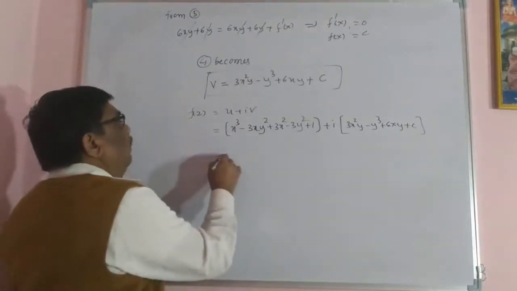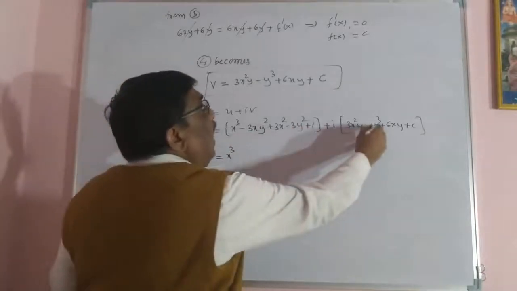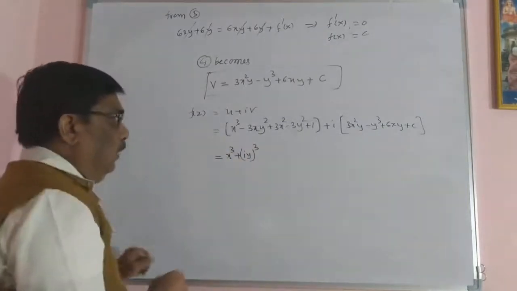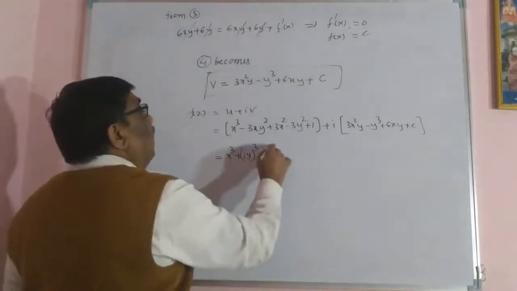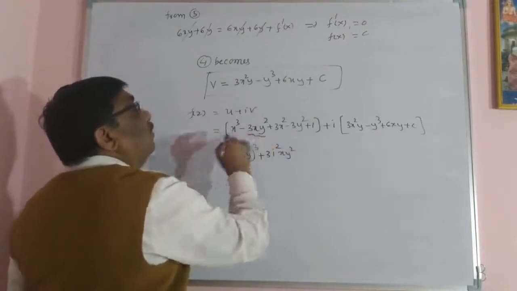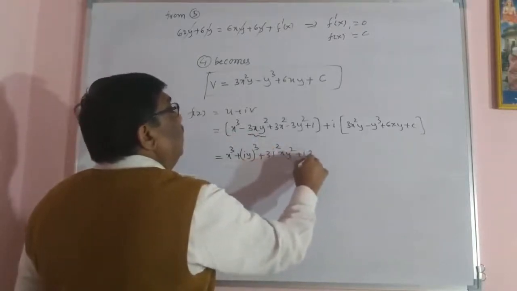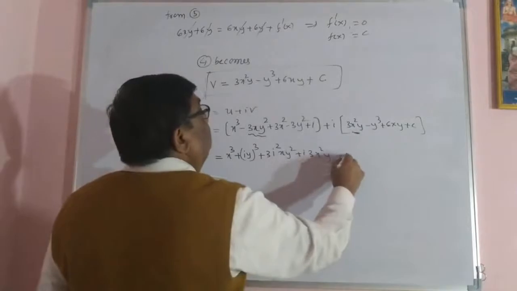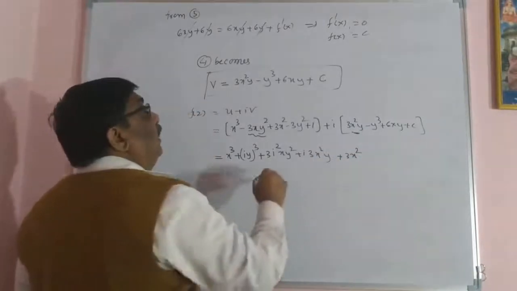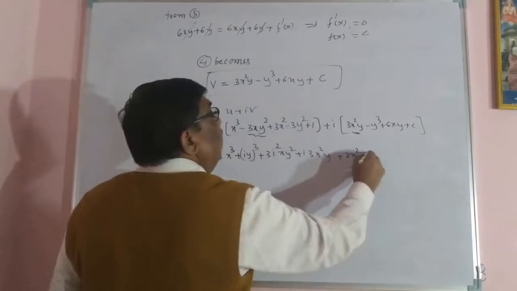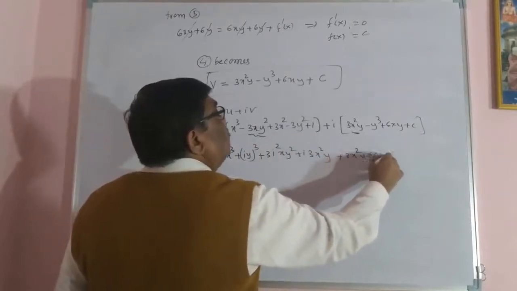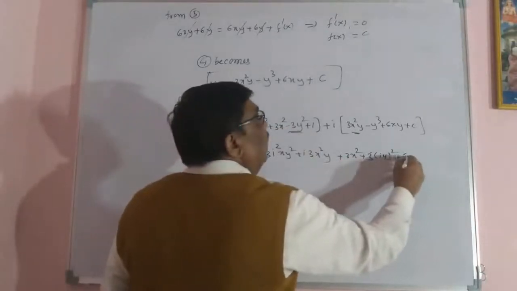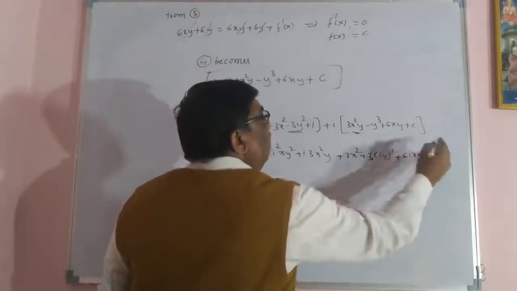It is x cube minus iy cube. I can write this as plus (iy) cube, and plus 3i square xy square, this term, and plus i 3x square y, this term, plus 3x square, and minus this, I can write it as 3iy square, minus sign is i square, plus 6ixy plus ic.